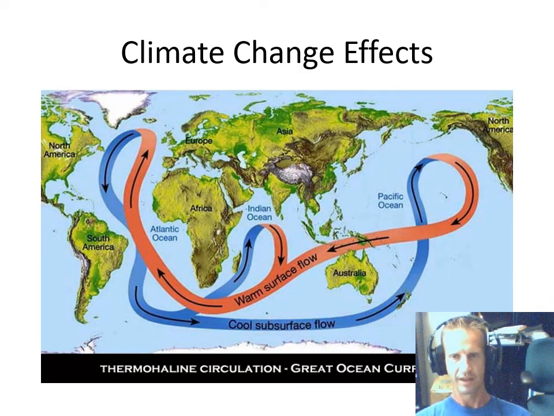Another potential worrisome change in the ocean environment that might result from climate change is a change in what we call the thermohaline circulation or the global ocean conveyor belt.